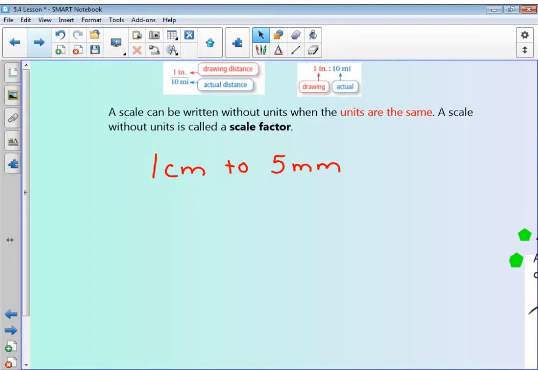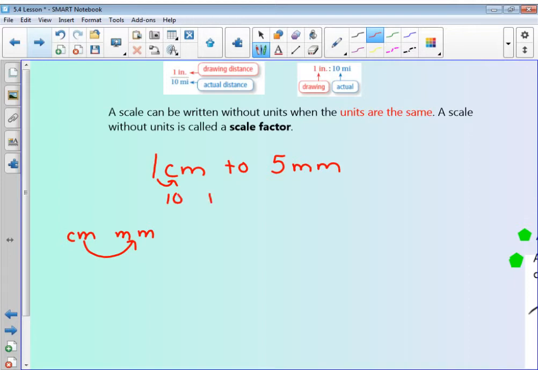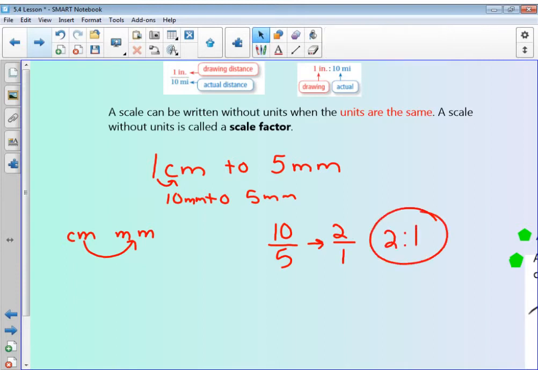So go ahead, convert your centimeters into millimeters, and then reduce if you have to. You should have gotten a ratio or a scale factor of 2 to 1.